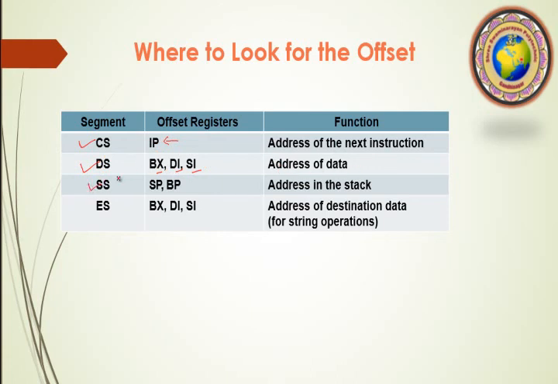For the stack segment, it is SP or BP, the address in the stack. For the extra segment, it is the same as the data segment: the address of the destination data for string operations. These are the instruction pointer and general registers we have to discuss, so keep in mind where to look for the offset.